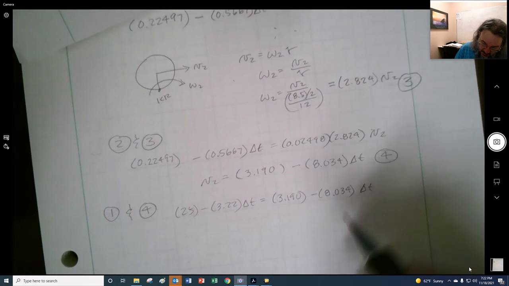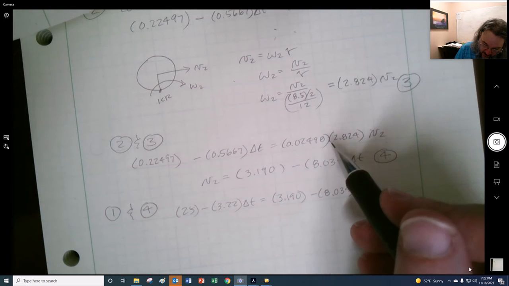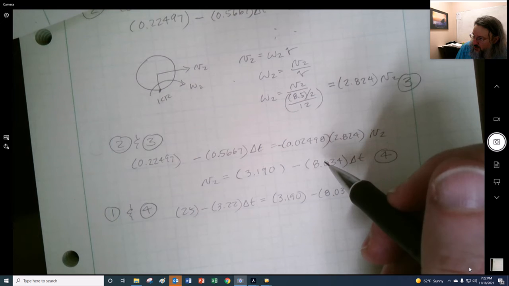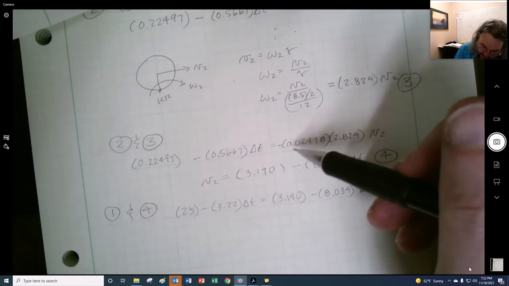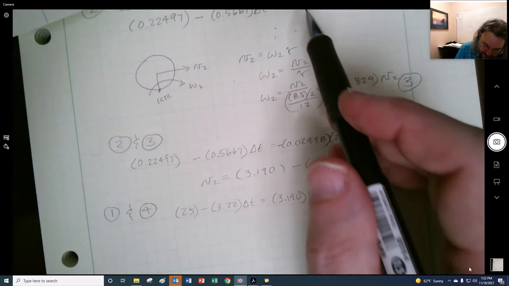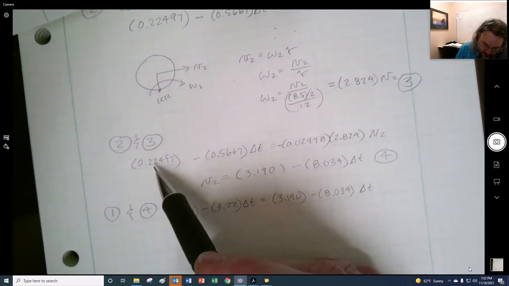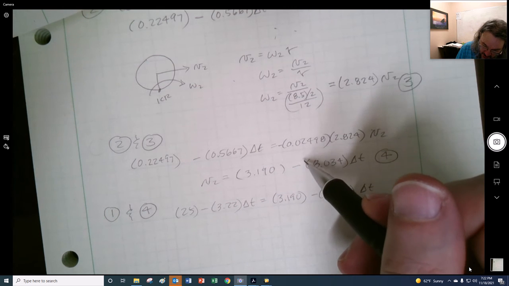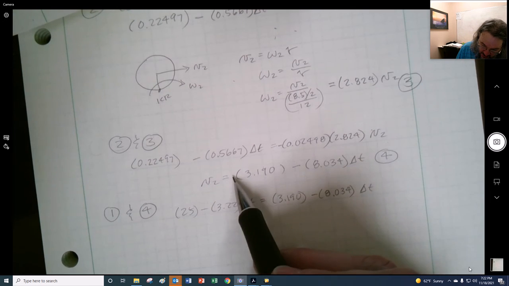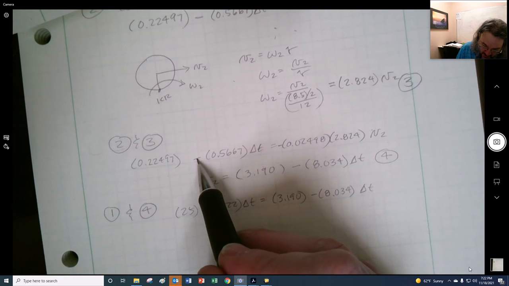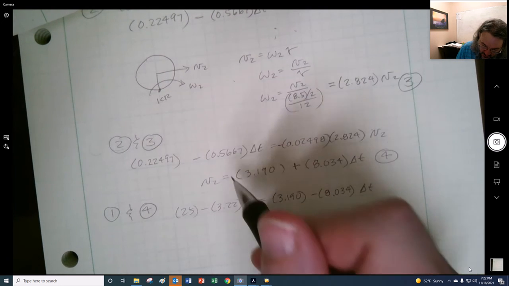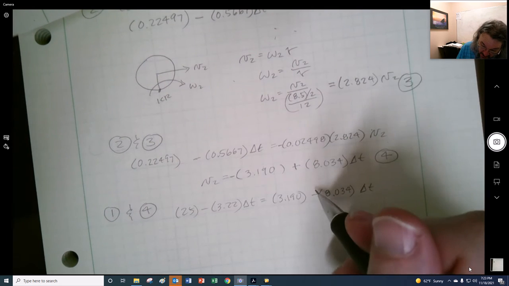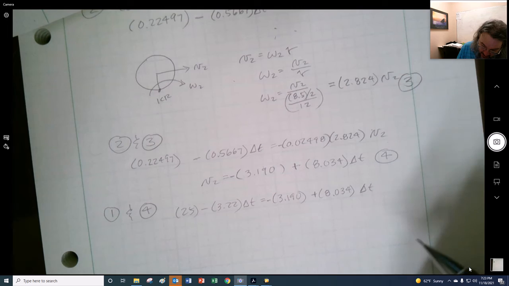And so 2 and 3 would have made this negative, so this should have been negative, so that should make that positive and this negative, and therefore when we got down here that was positive and that's negative.